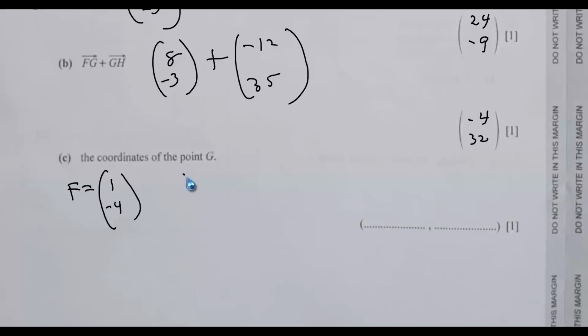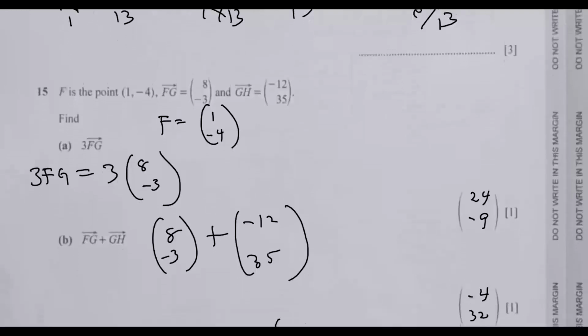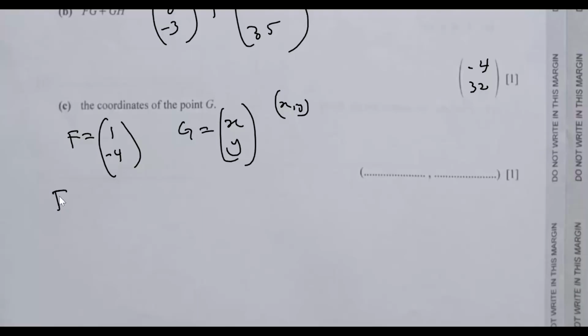So we want to find G. G will be equals to X and Y in vector form like this, which is the same thing as X, Y. You can also write it like this. Okay, then what is FG? Let me scroll up. FG is 8 and -3. Okay, so let me put it nearer. FG like this is close to 8 and -3.